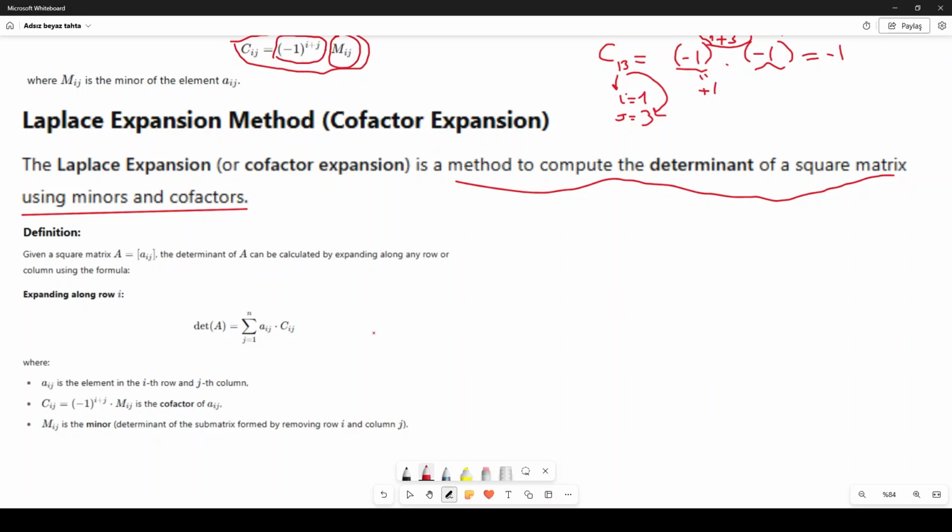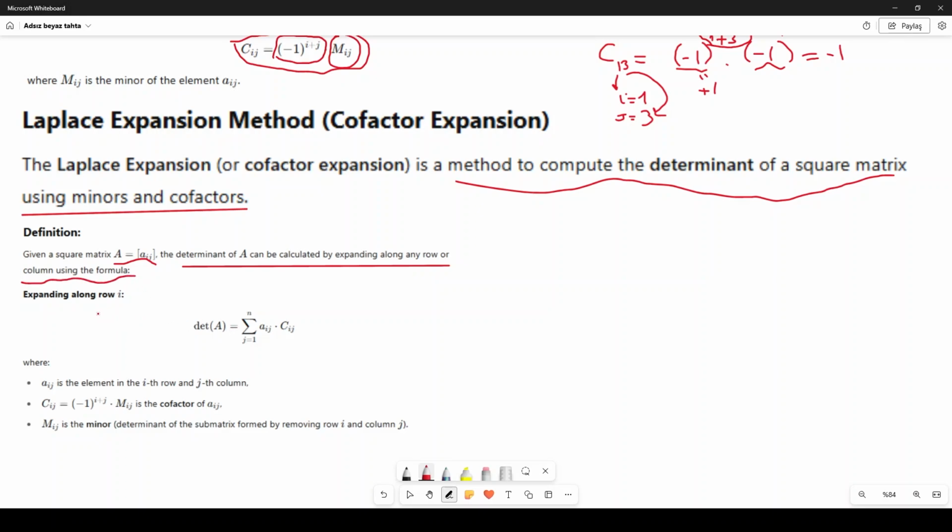And how does it work? Let's see what is the definition of this method. Okay, given a square matrix A, and let's show the components of this matrix A as aij's, then the determinant of A can be calculated by expanding along any row or any column using the following formula.